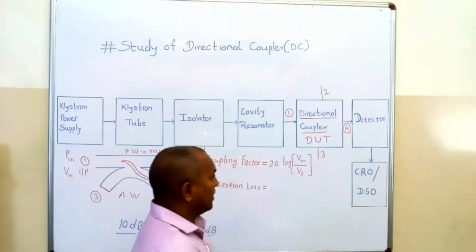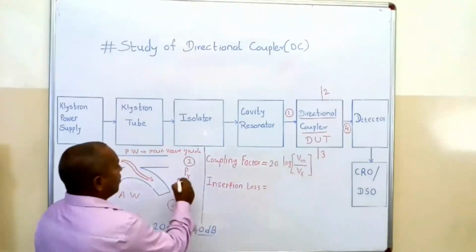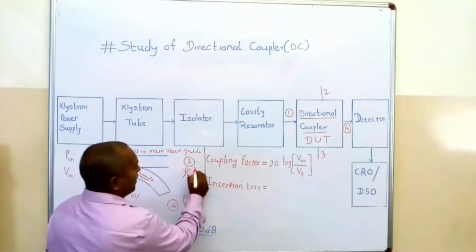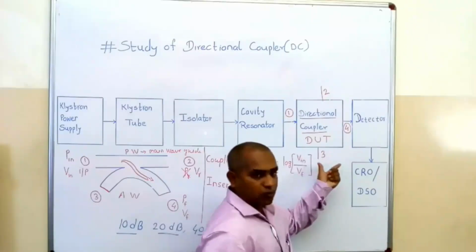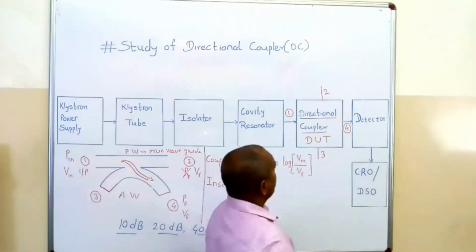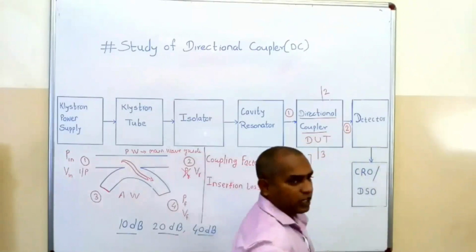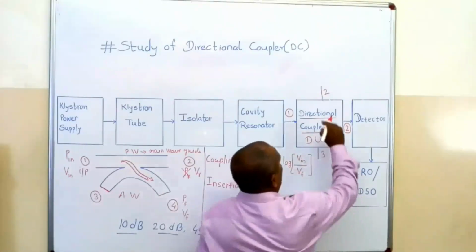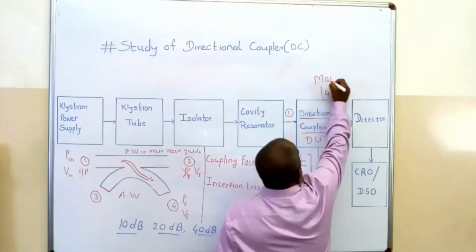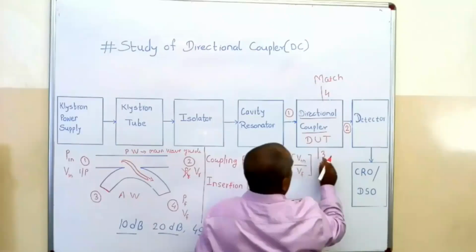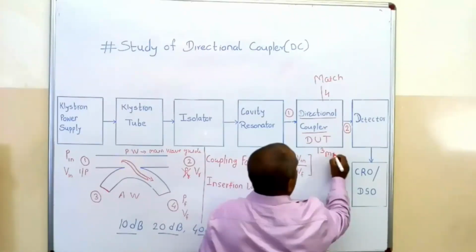But I already told you we are not measuring power, that's why we will replace this power with the received voltage. So in our actual block diagram, we will use the second port as the output, and the fourth port as a match. Here also the third port as a match.